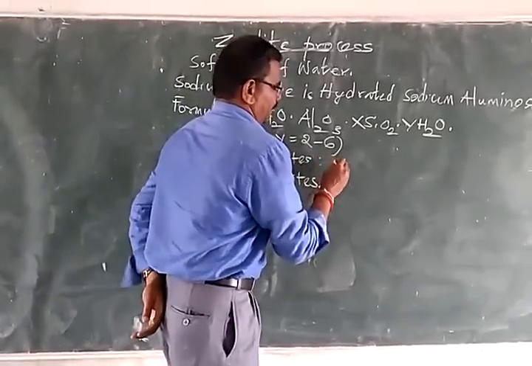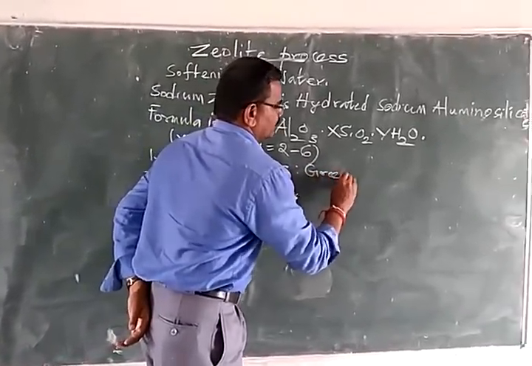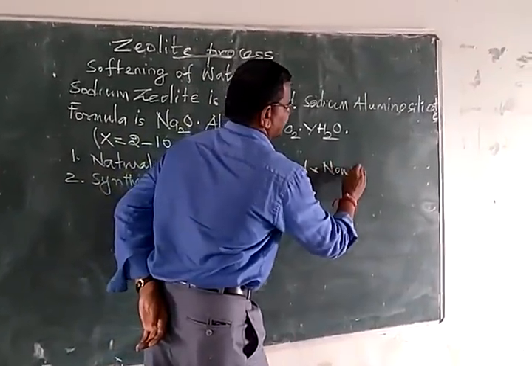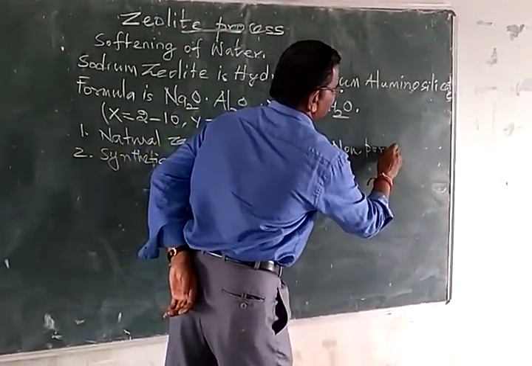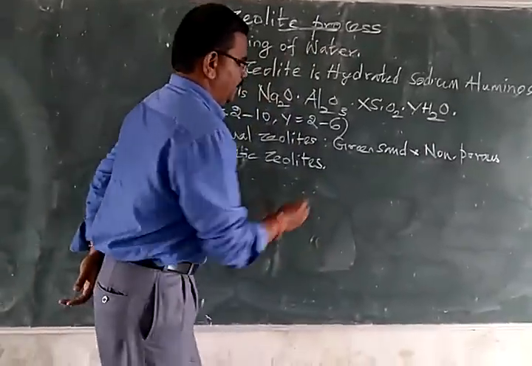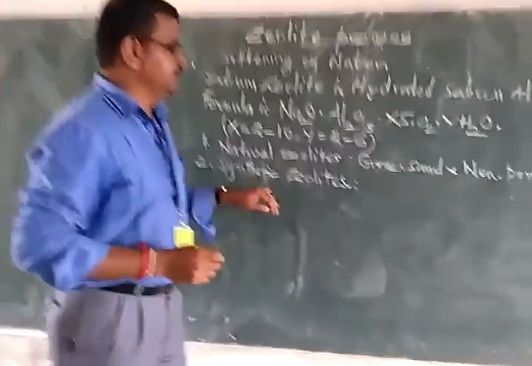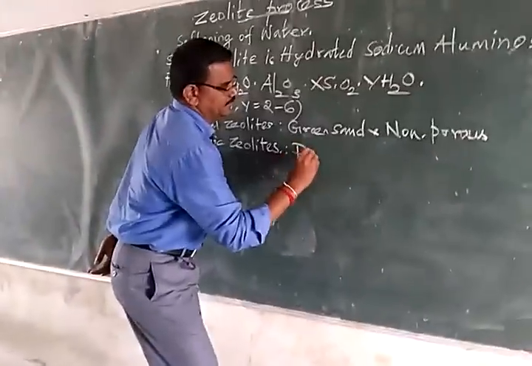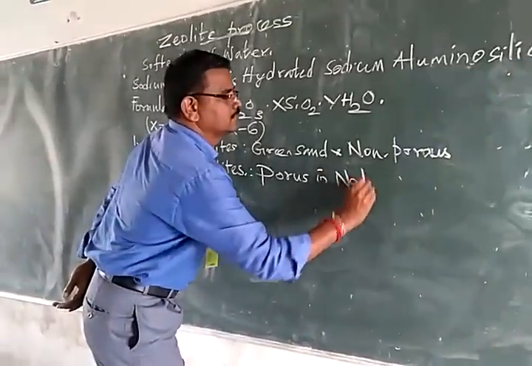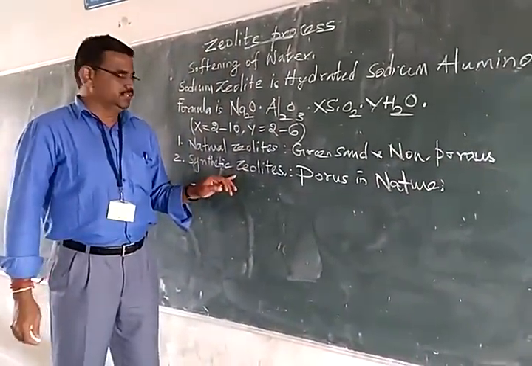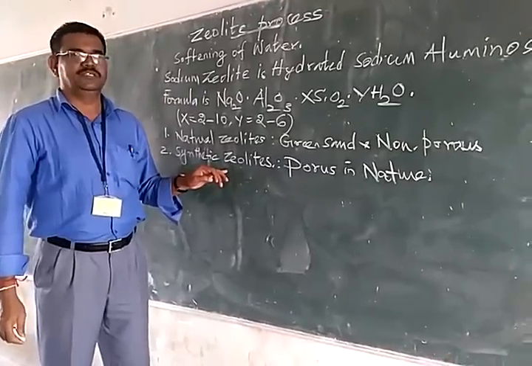Natural zeolites are green sand and non-porous in nature, whereas synthetic zeolites are porous in nature. So the synthetic zeolites are commercially available.